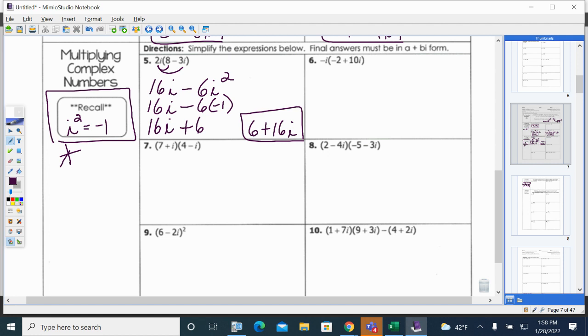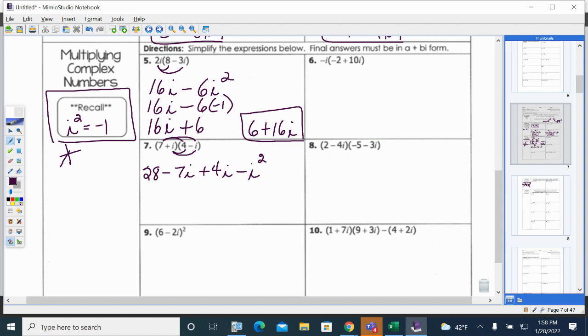We're going to take the 7 times the 4 and the negative i. And then you're going to take the i times the 4 and times the negative i. So 7 times 4 is 28. 7 times negative i is negative 7i. i times 4 is a positive 4i. And then i times negative i is a negative i squared.